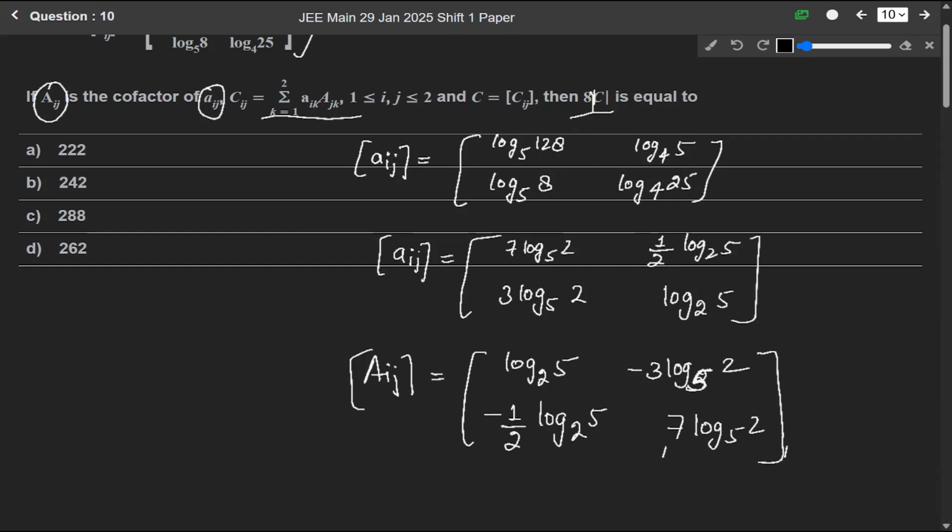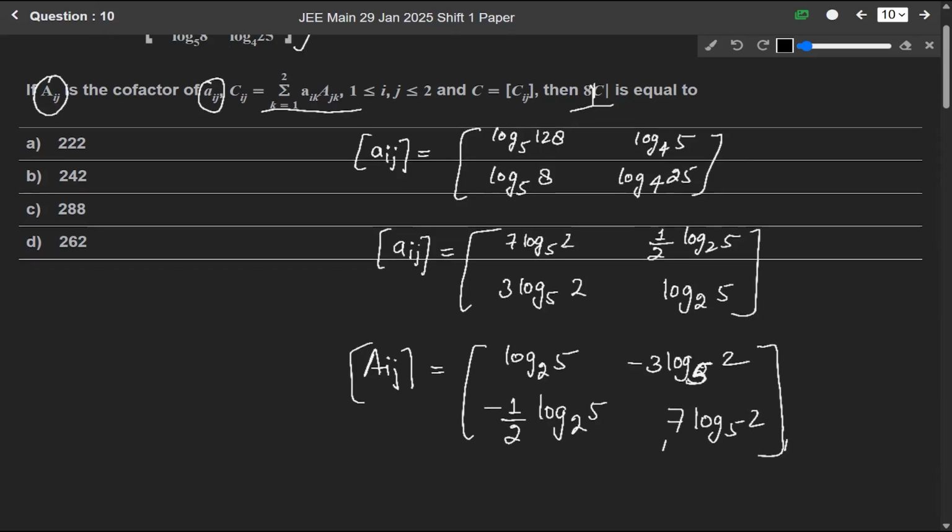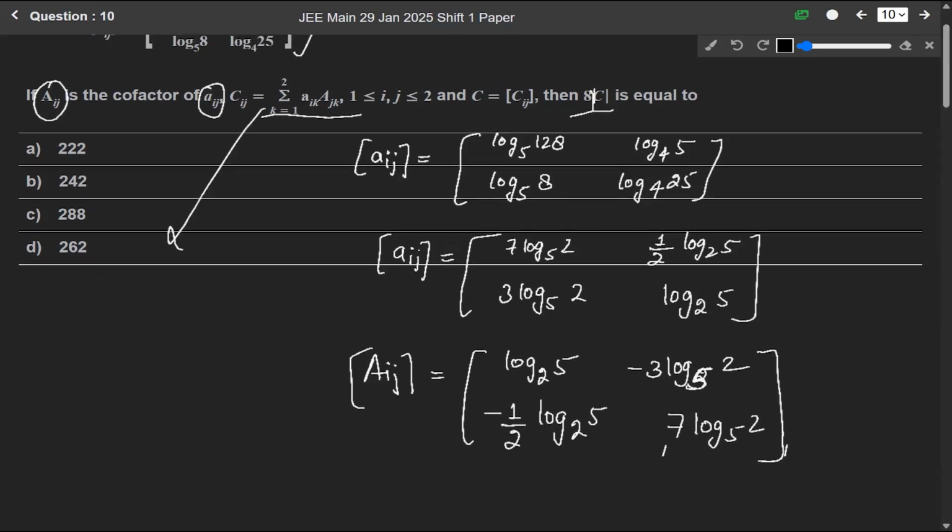Now we are given that Cij equals sigma k equals 1 to 2 of Aik Ajk.